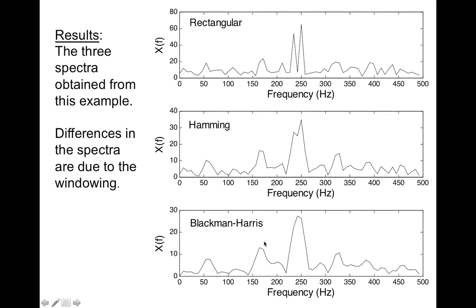Once we go to the Blackman-Harris window, we're beginning to get smoothing out here on the noise. And this frequency spectrum in this area looks less like a rectangular window spectrum. But notice that we've lost our resolution between the 235 and the 250. So there are some issues that show up.